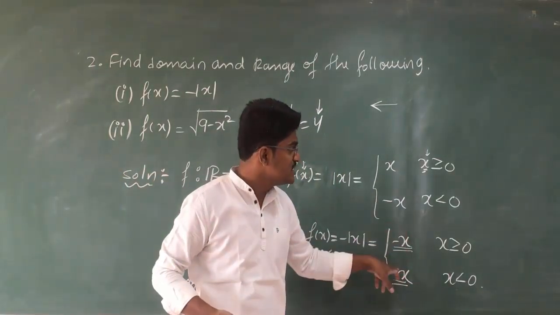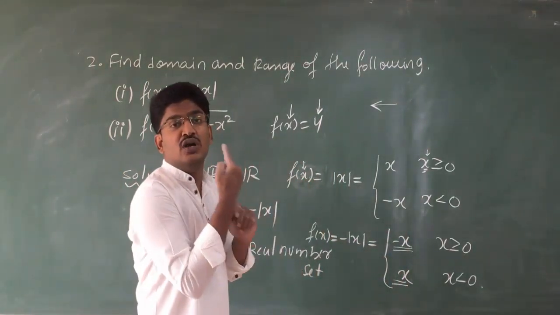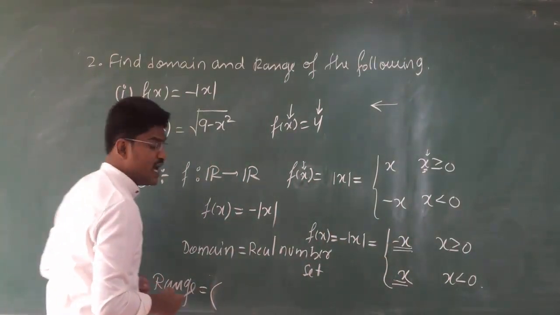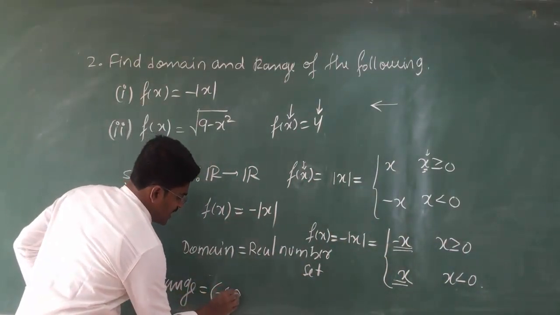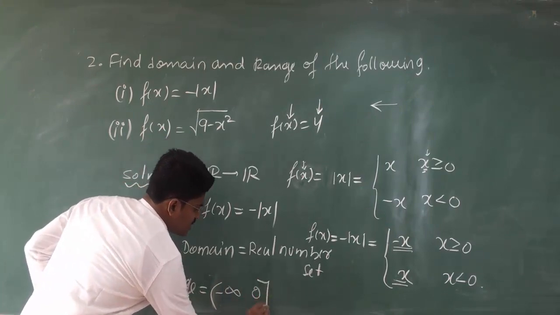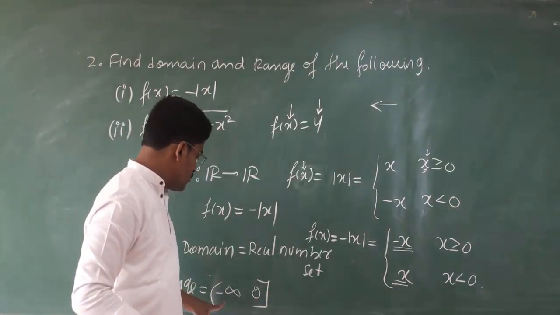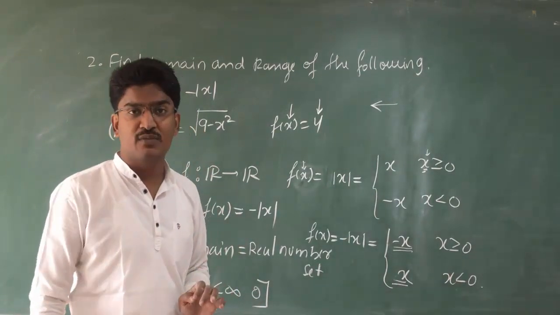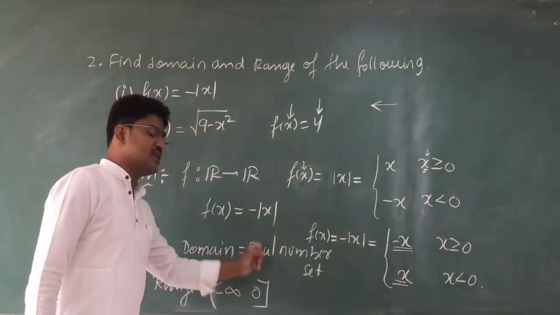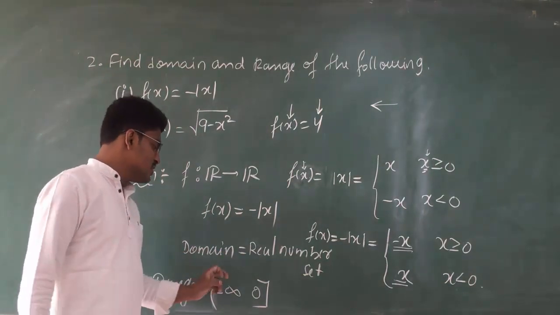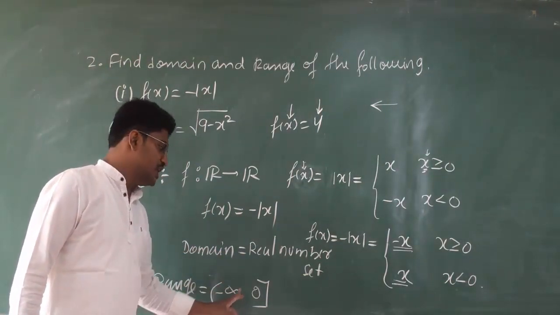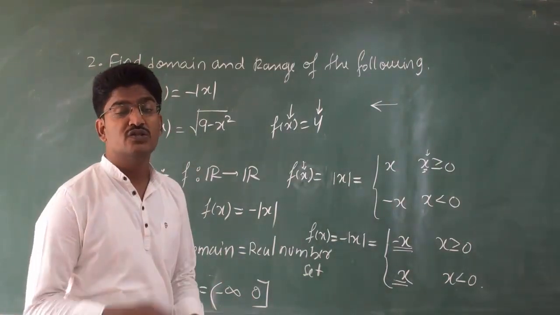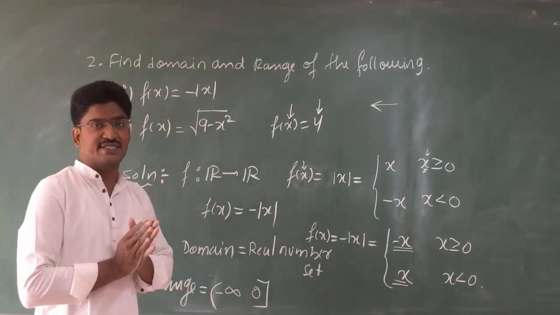In both cases, it is traveling towards negative infinity. That's why open at negative infinity, closed at 0. Are you getting my point? So domain is the real number set, range is open at -infinity, closed at 0.